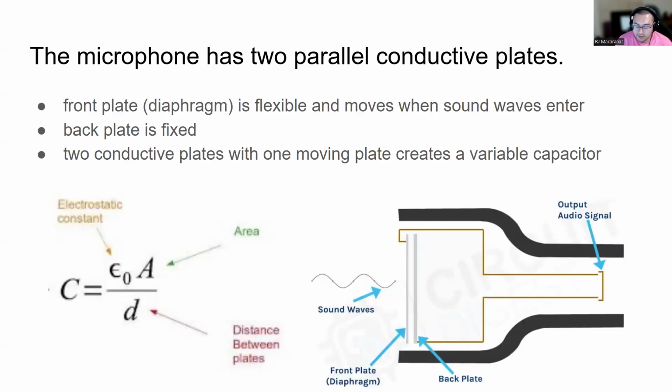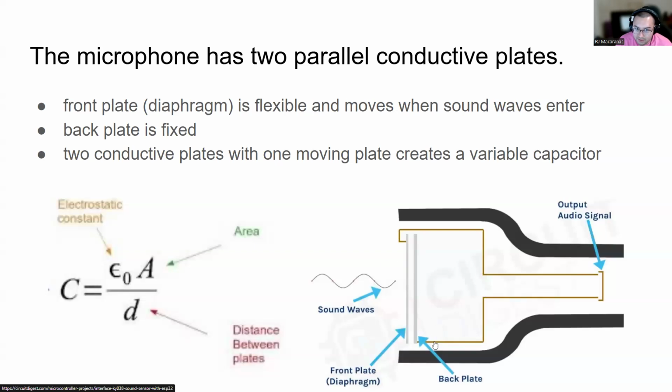So, talking about the microphone again. The microphone has two parallel conductive plates, right? It's got this front plate, which is sensitive to the sound waves. It'll flex and move corresponding to the incident wave. And then there's also a back plate, which is stationary, right? It doesn't move. It'll only move the front plate based on the sound.